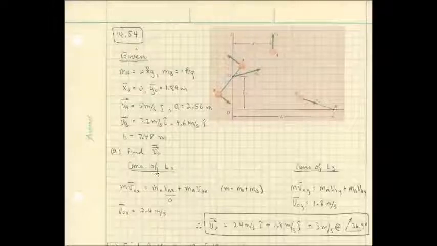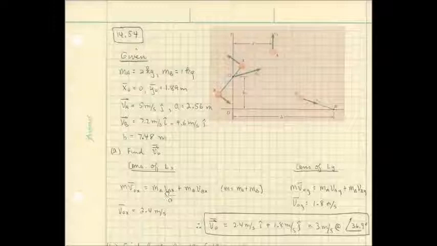We're going to have conservation of momentum in the x direction and conservation of momentum in the y direction. For the x direction, we'll start off by writing m, total mass of the system, times V naught x bar equal to ma VAX plus mb VBX, remembering that m is equal to ma plus mb.